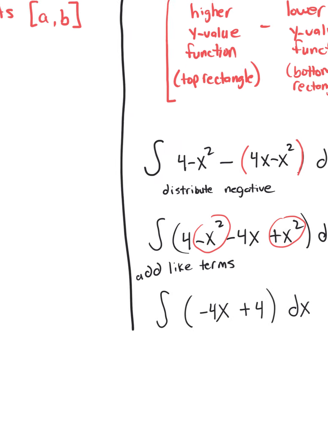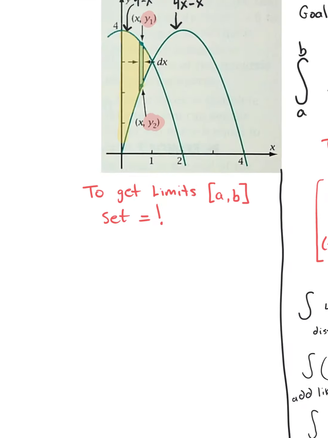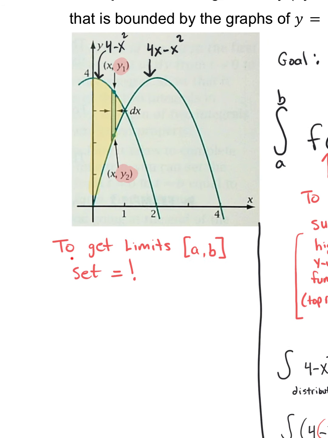So to get your limits a and b, you always set your functions equal to each other. So we take the two functions, 4 minus x squared, and we set it equal to the other function, 4x minus x squared.